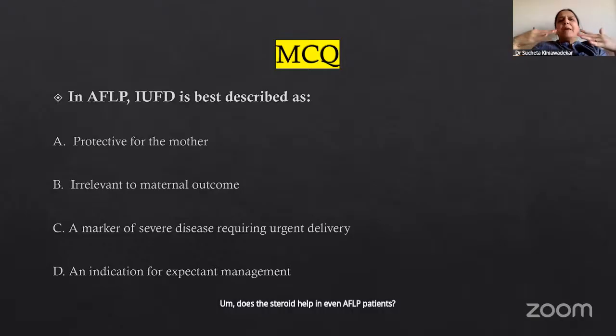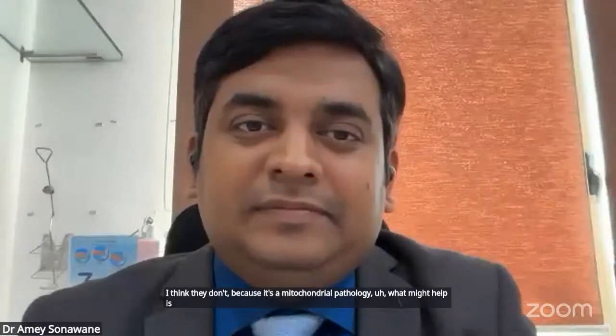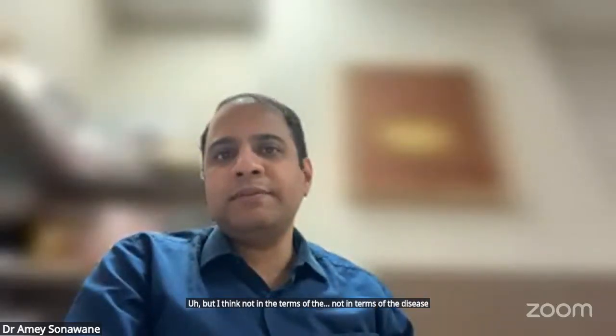These are overlapping patients. In the initial phase, we know this is not viral hepatitis, but AFLP and HELLP. I think steroid won't help because it's a mitochondrial pathology. What steroid might help is to mature the fetal lungs, but not in terms of the disease process.